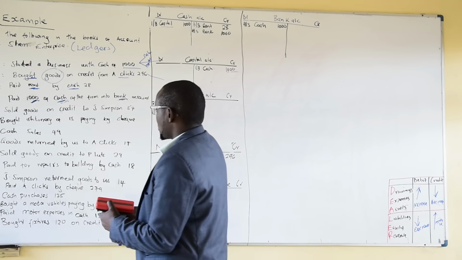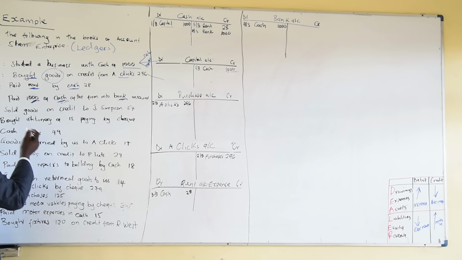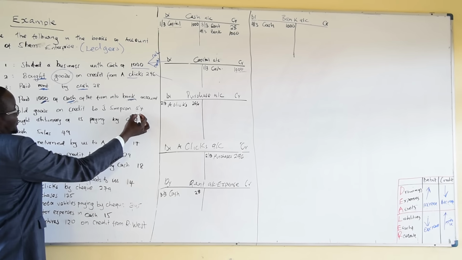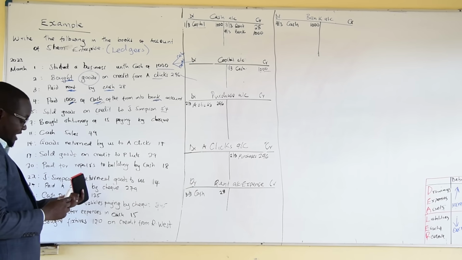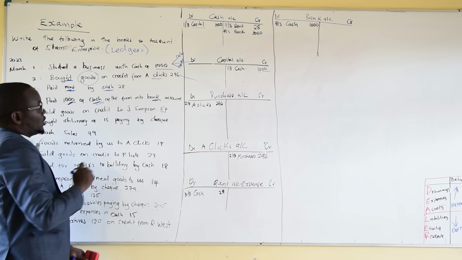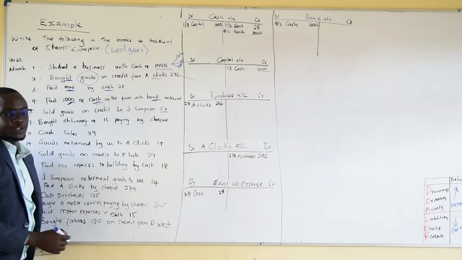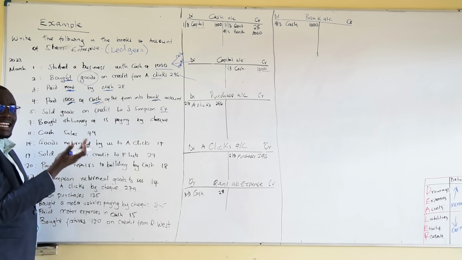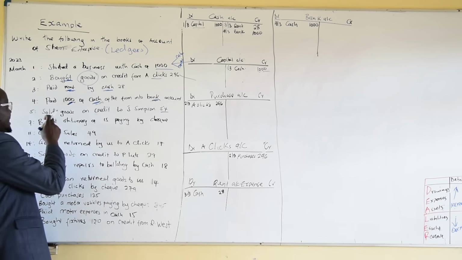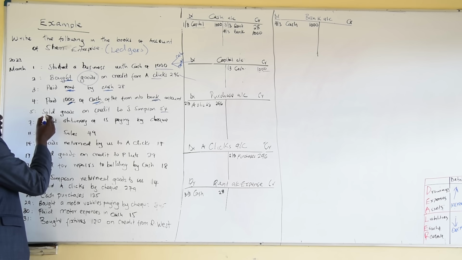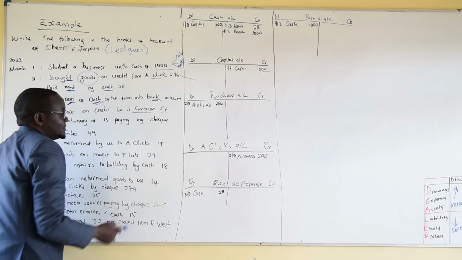Here, we are told that sold goods on credit to J. Simpson of 54. So, like I said, the two accounts being affected, you get them from the sale. So here we have sales and you have J. Simpson.